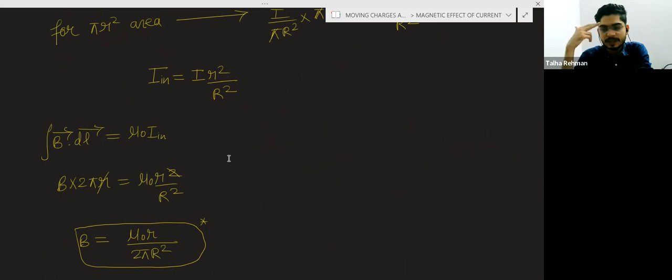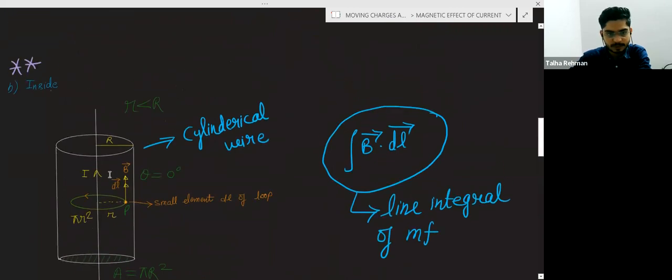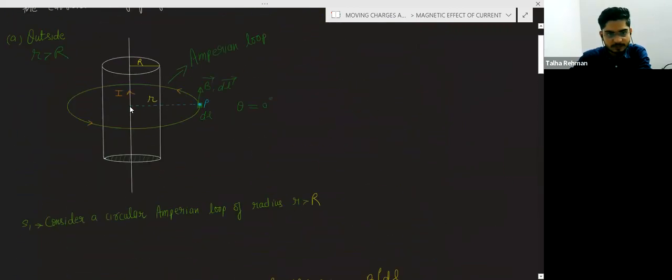Now there is one graph also we will draw. We will check the variation of magnetic field with respect to the distance from the axis of this wire. So when you are going from this point to this point P, how the magnetic field is changing.